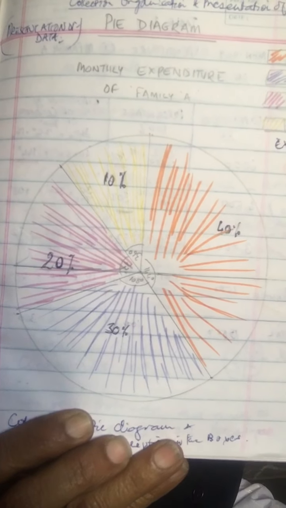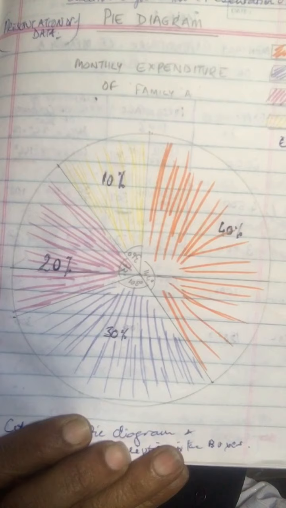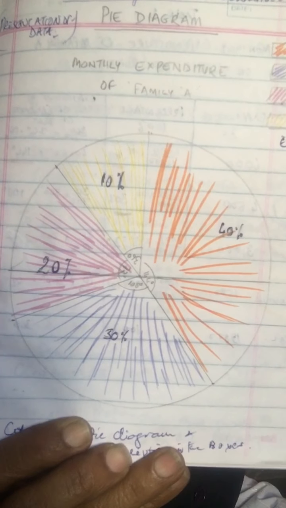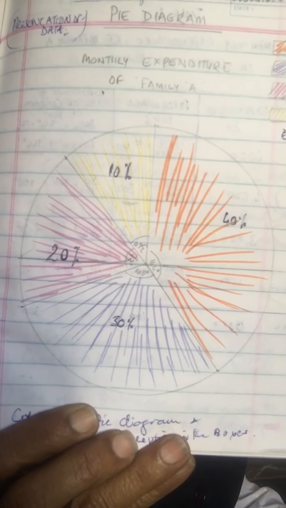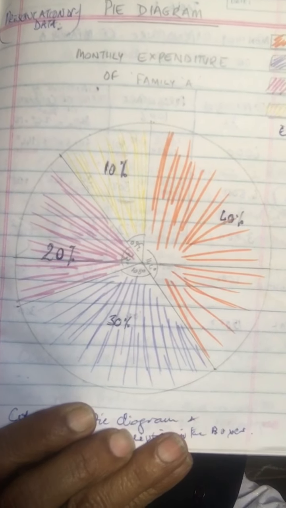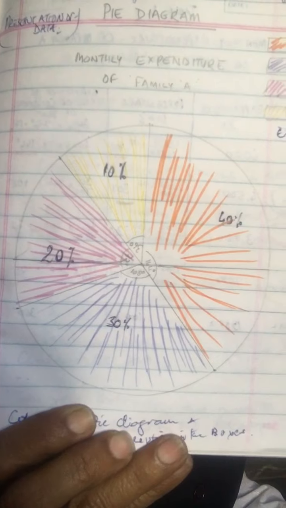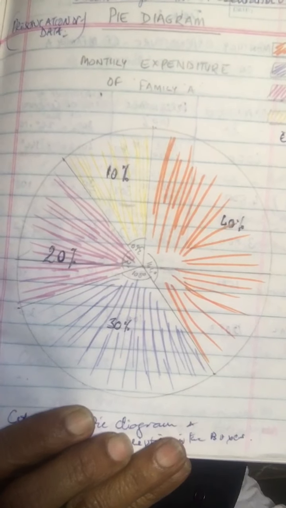It seems very attractive. So once again, we made this circle, then we converted the values of the various components into percentage values of the total, and then they were converted into corresponding degrees in the circle.